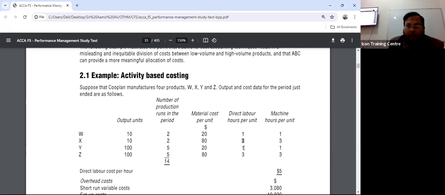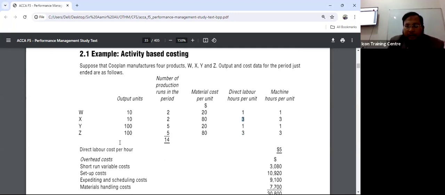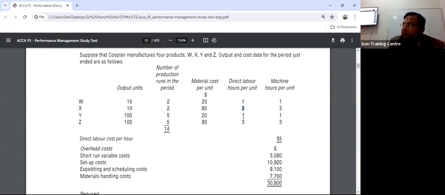Is this clear? Perfect. Now it says that direct labor cost per hour is $5. So if we produce one unit of W, it will cost us $5. But if we produce one unit of X, it will cost us $15. Is this clear?